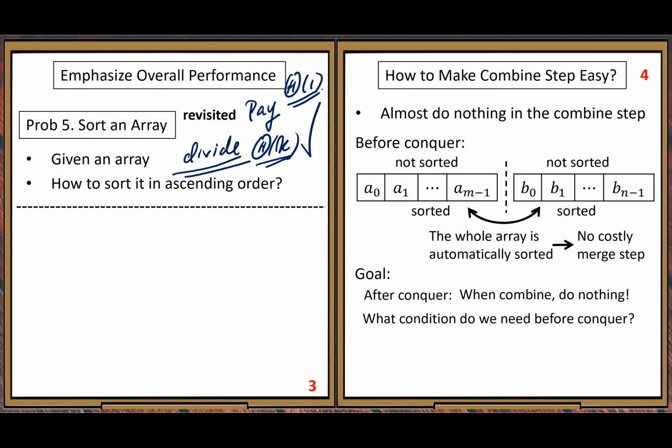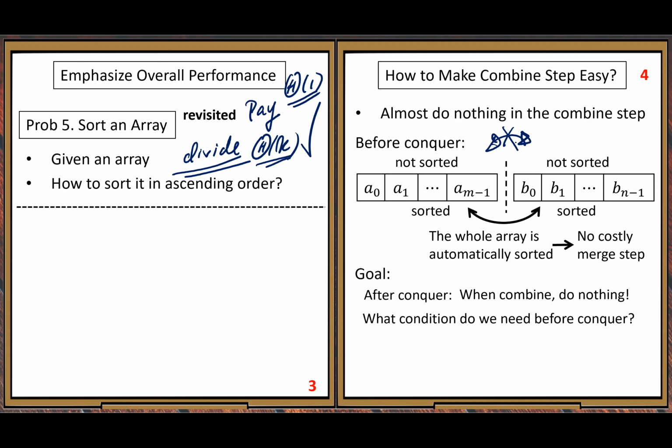Because when we do conquer, we do not move elements across this dashed line. You move elements within the subarray, and that's fine, no problem. But we never move elements from A to B, or from B to A, across that line.